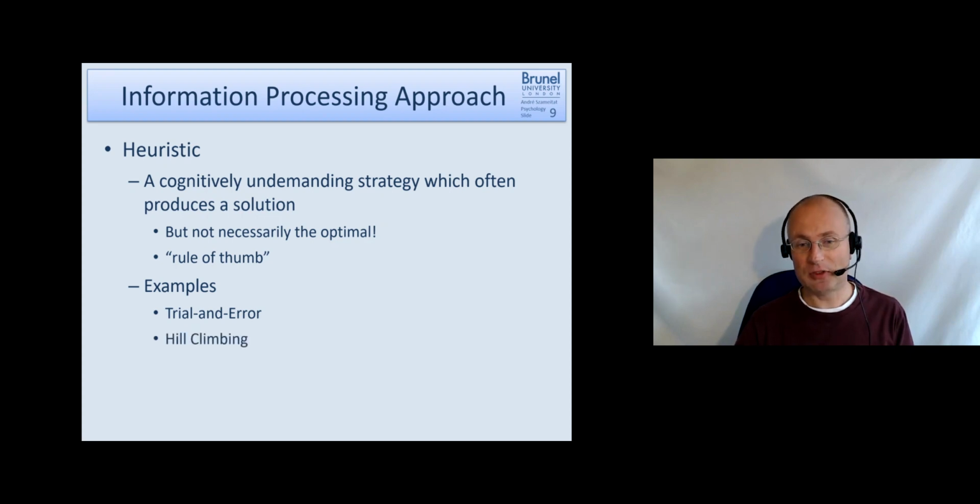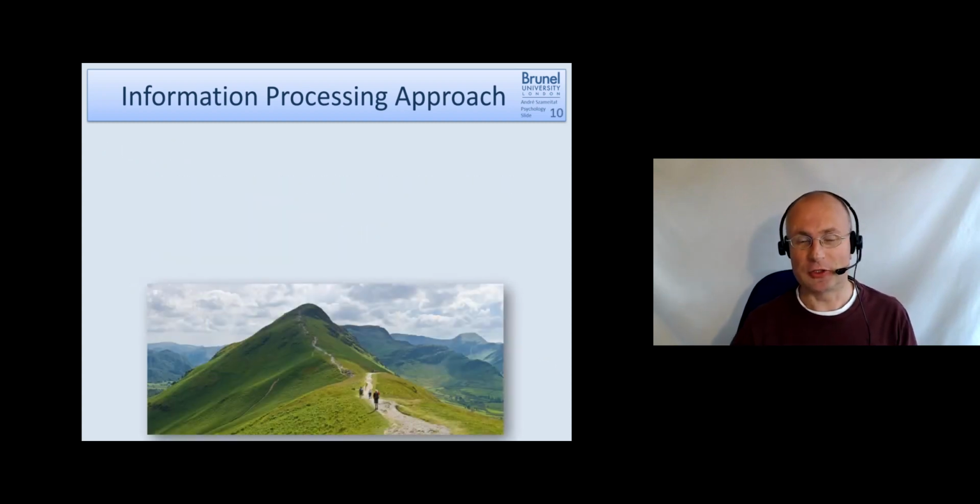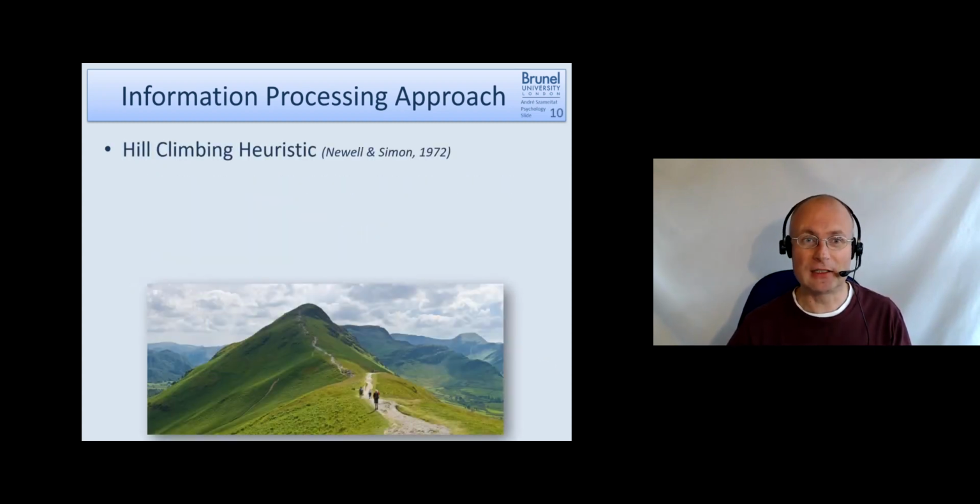And another example would be the so-called hill climbing heuristic. And to follow these heuristics, we don't need to require a real understanding of the problem. For some heuristics, we may need a partial understanding, but not in total. So what does the hill climbing heuristic say?